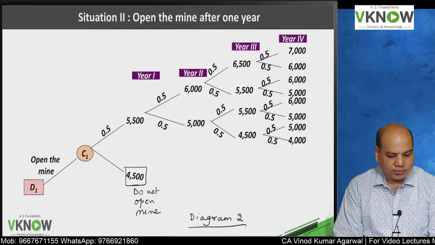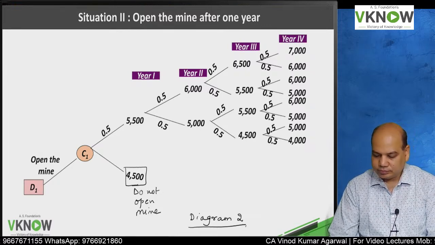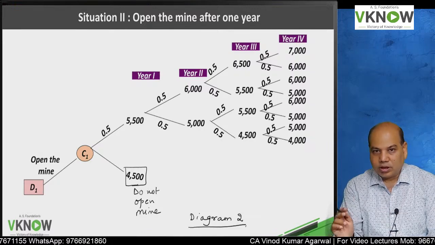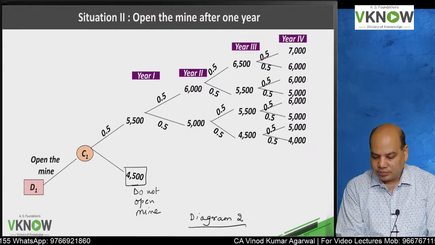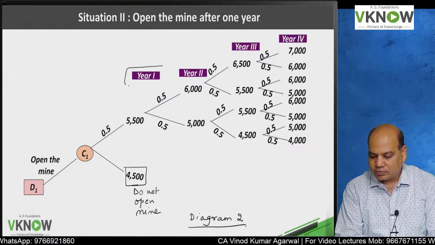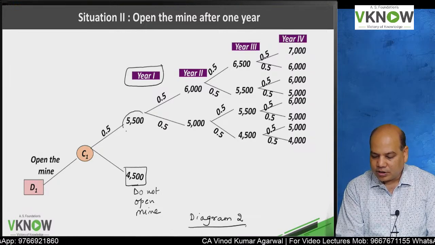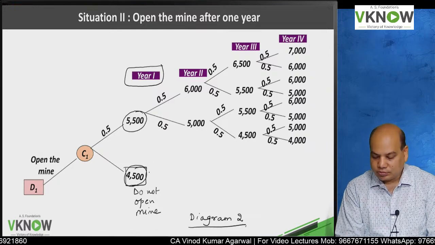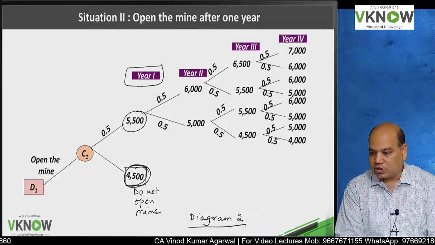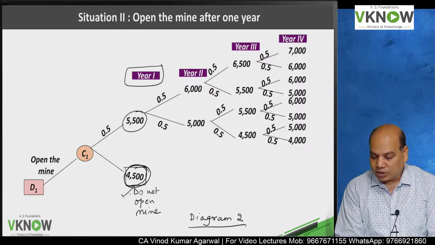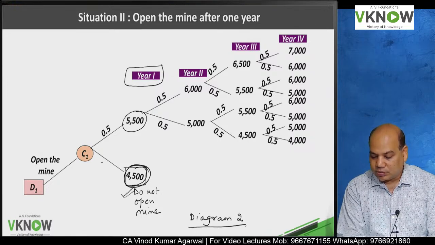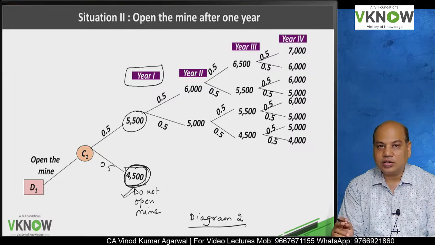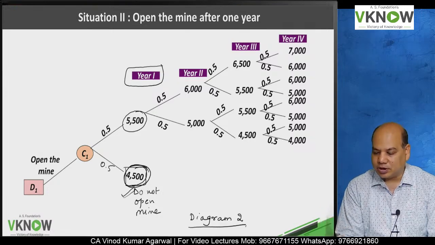Now we'll move to the next calculation. I am going to explain one more time. We'll wait for a year. After a year, the price can be 5,500 or 4,500. If it is 4,500, I will not open the mine because the extraction cost is more than the expected price.